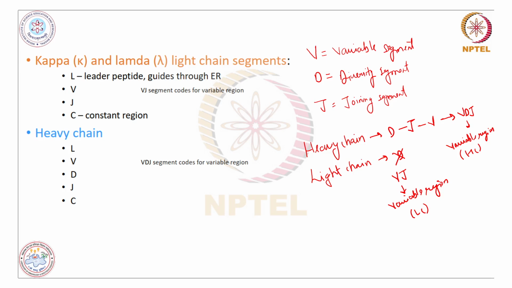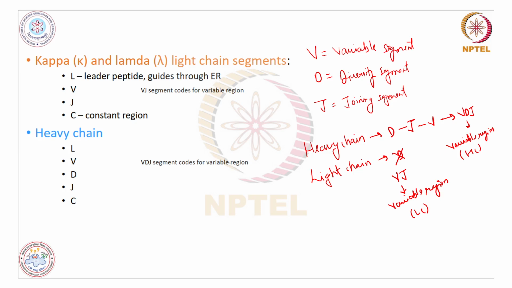So why is this required, why are we talking about this VDJ recombination? Because our body encounters millions of different types of pathogens in our lifetime. Each pathogen has a unique antigen that our antibody will recognize. But we cannot store millions of different types of antibodies in our body.